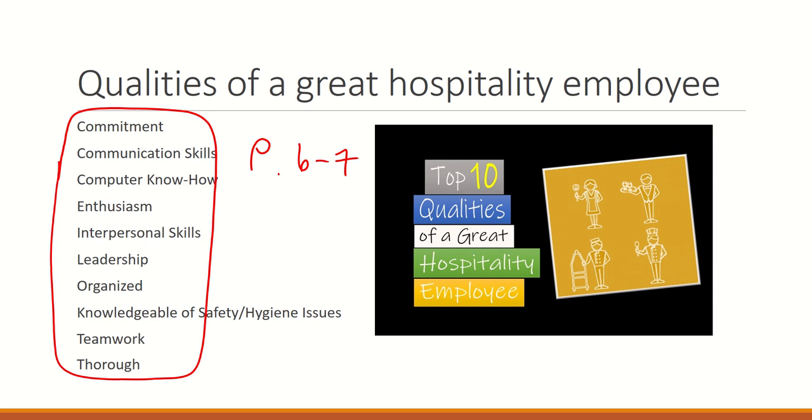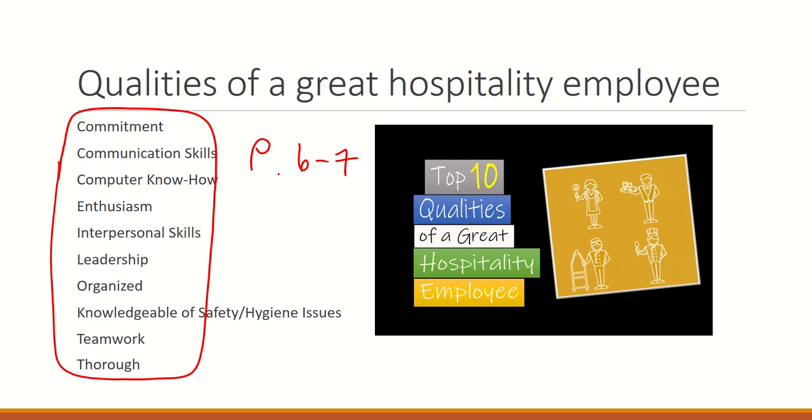Leadership, it doesn't mean you need to be only a manager or executive, but all employees should have leadership in order to make their own decision. Organize or managing. You need to manage things in order. Knowledgeable of safety and hygiene issues.